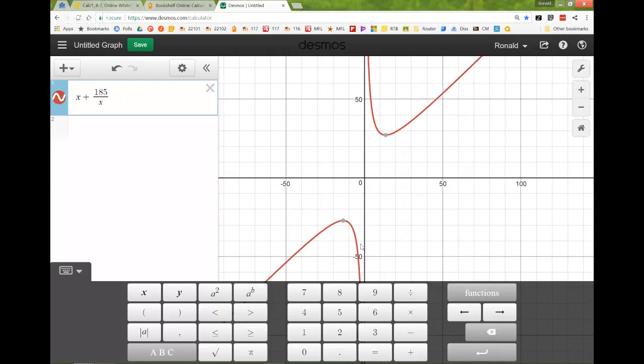The part down here is when x is less than 0, and we already know we have to reject that because this problem only wanted positive numbers. So let's see. Yep, sure enough, 13.6 is the point where we reach the minimum. And so you can see our problem is correct.